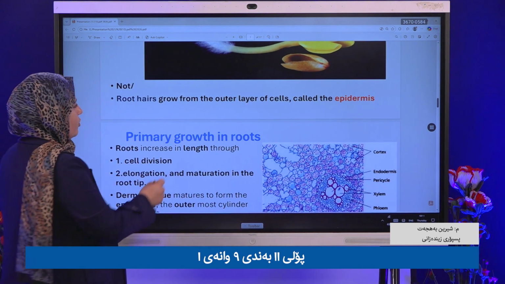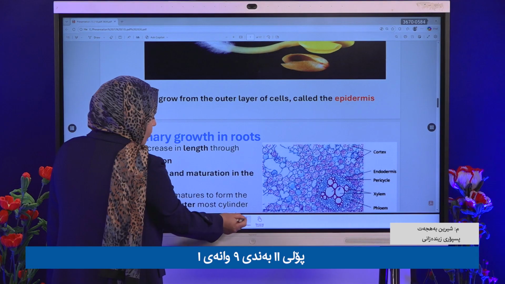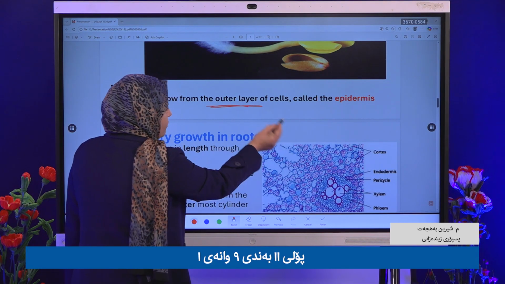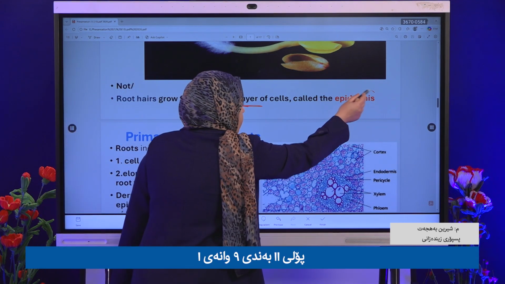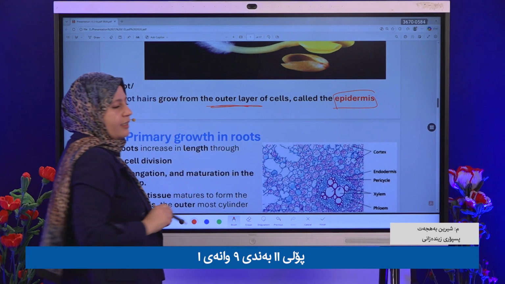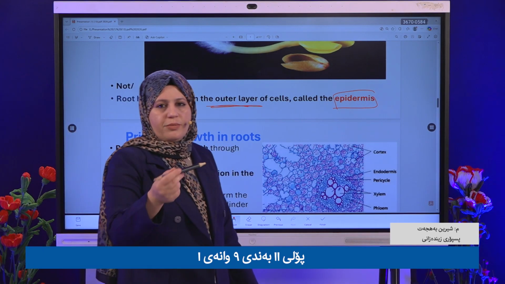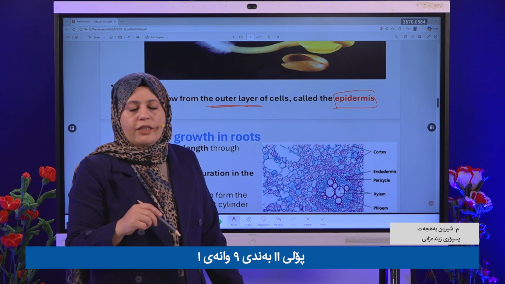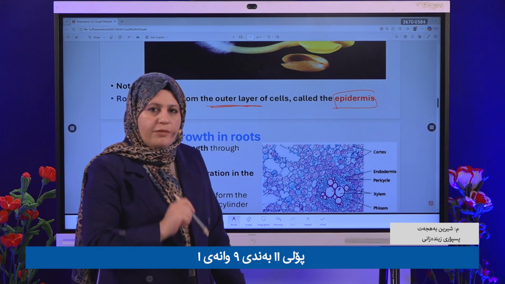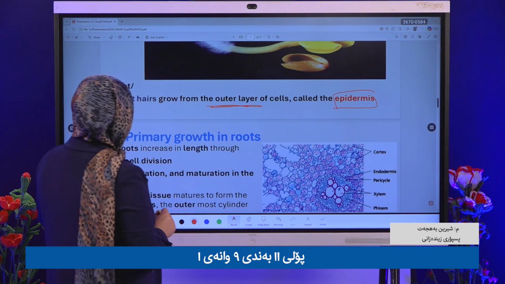Root hair grows from the outer layer of cells, which is called the epidermis. As you know, we have two dermis, epiderm and endoderm. So where is the root hair located? On the epidermis. Clear? Okay.